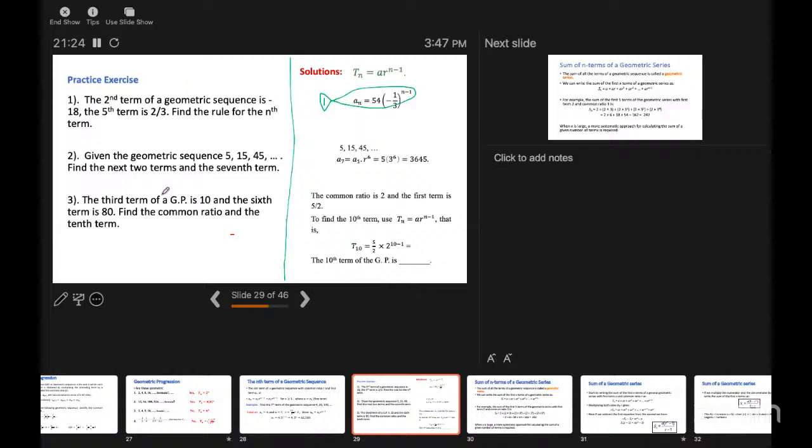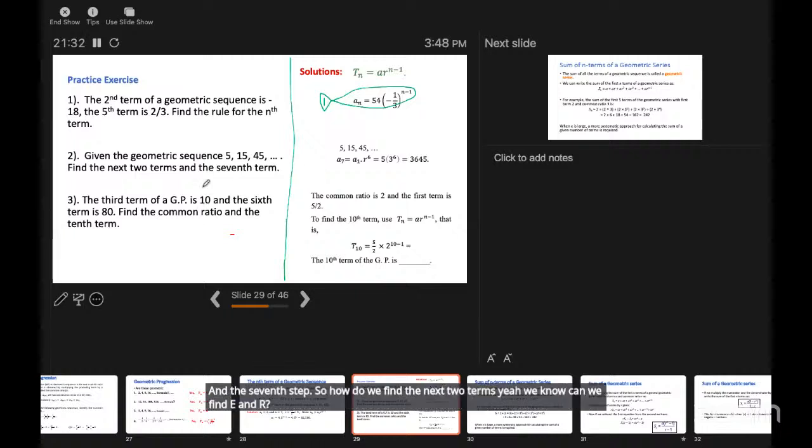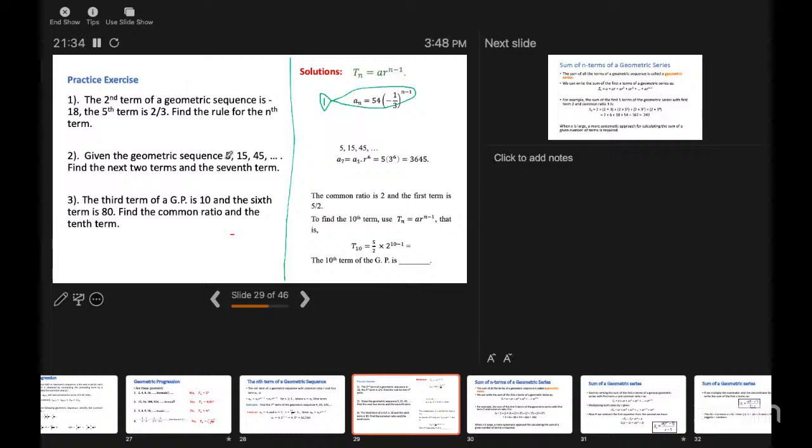So how do we find the next 2 terms here? Can we find A and R? A is 5, and our R is 3. So what is going to be the next term? 45 times 3, as AR, is 135.